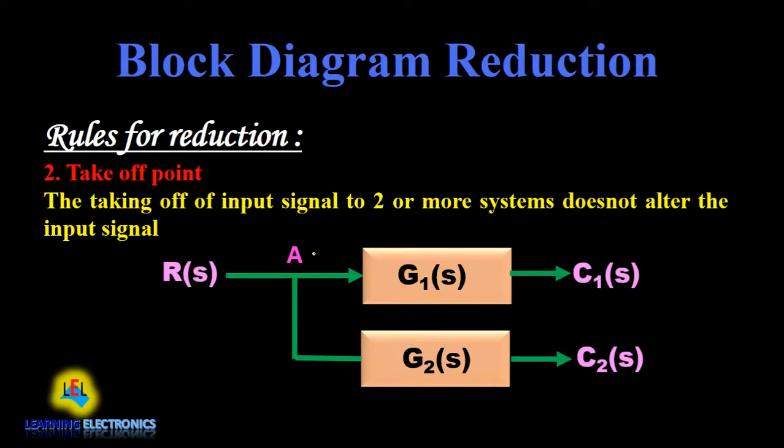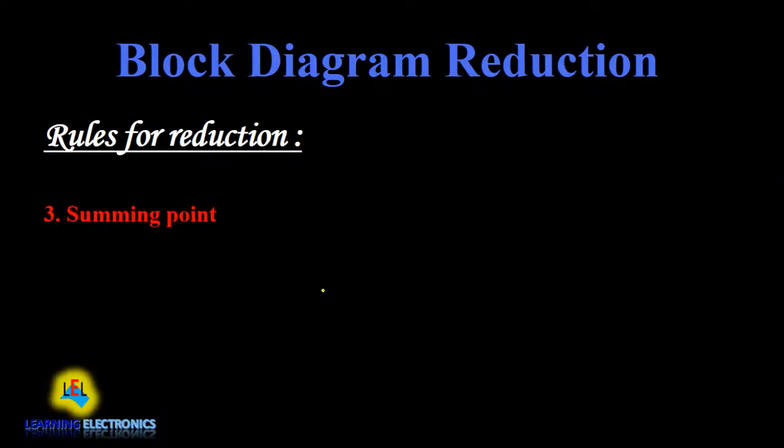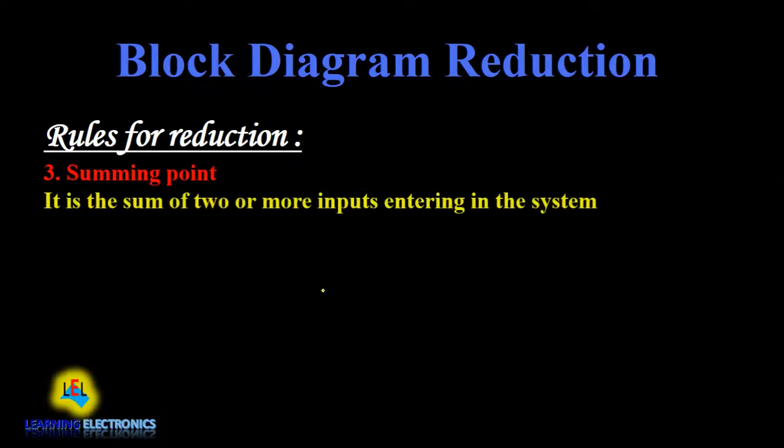That means the input to G1(s) is also R(s) and the input to G2(s) is also R(s). So this is the use of the takeoff point.